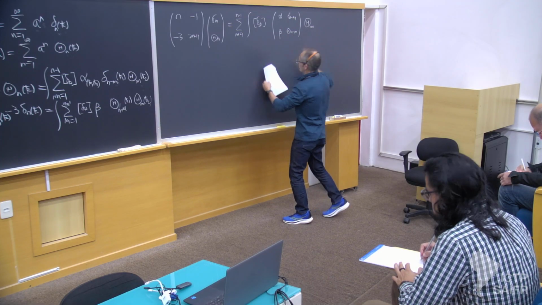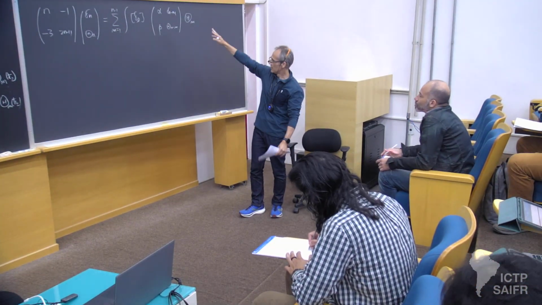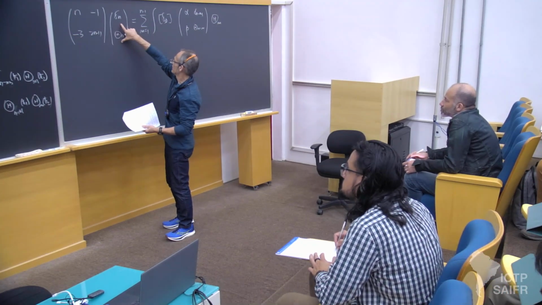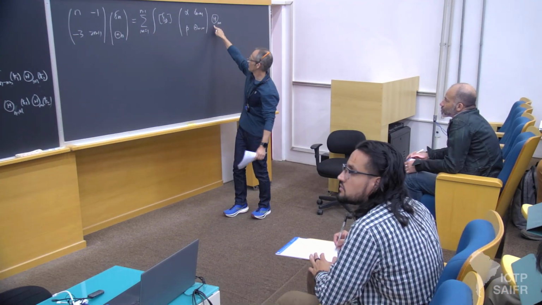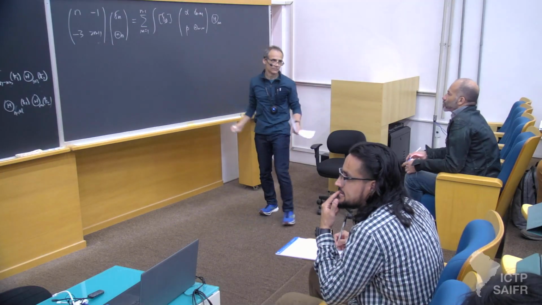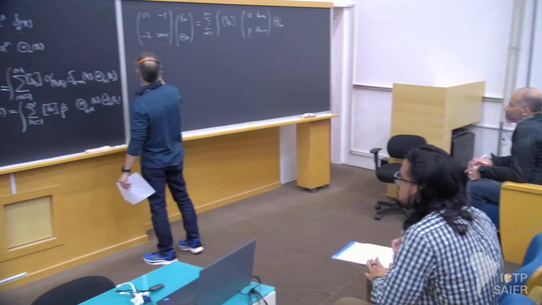I'm skipping all the arguments, but it should be pretty clear. It's the same arguments I had over there, I just write it in matrix notation. So now, in order to solve for these guys as a function of the previous ones, I just invert this matrix, and we're done. And so that's the inversion of the matrix.